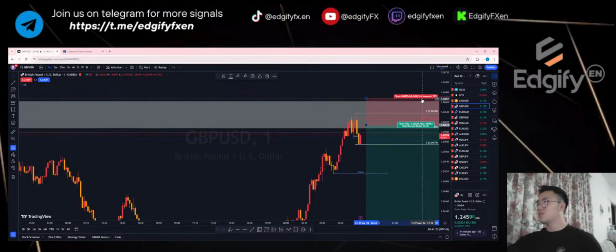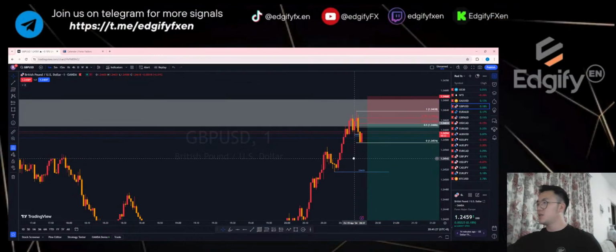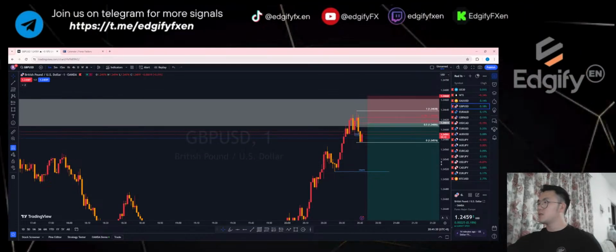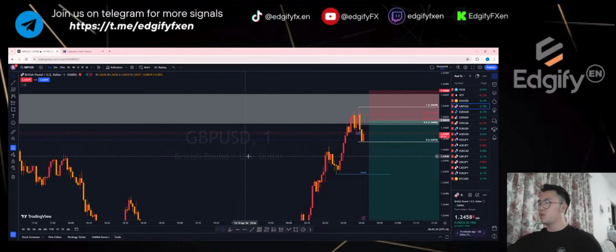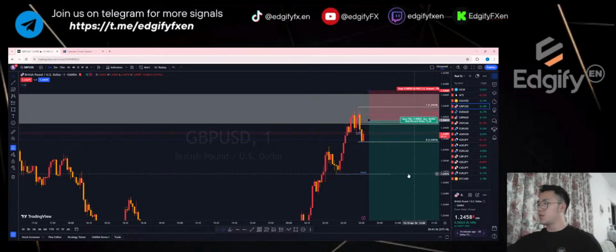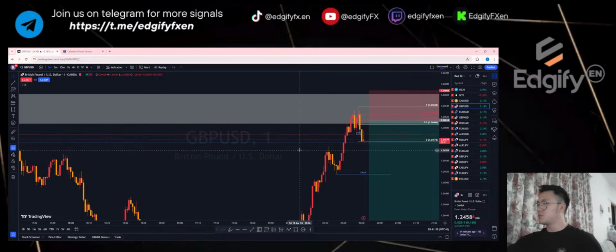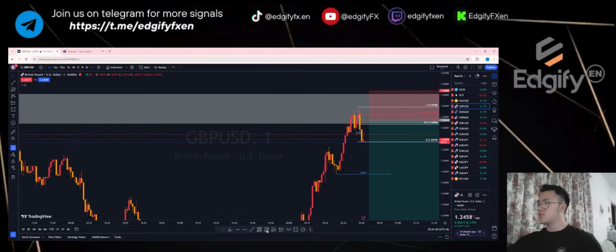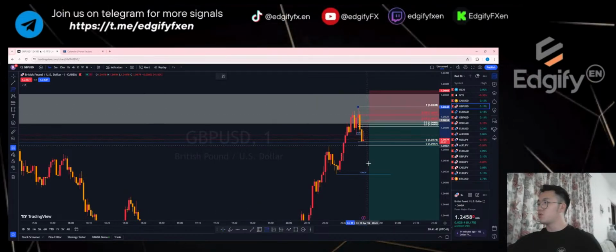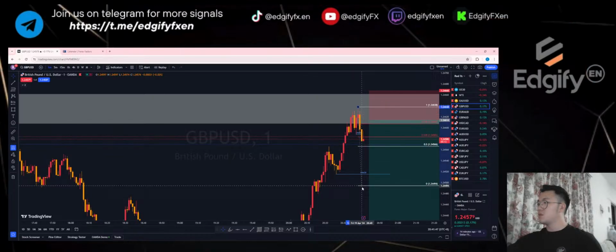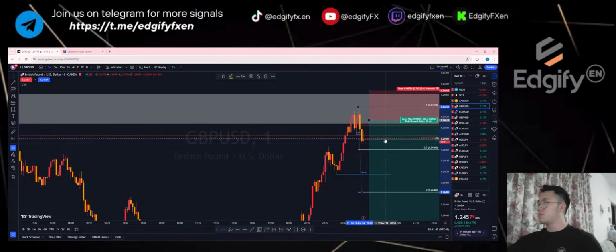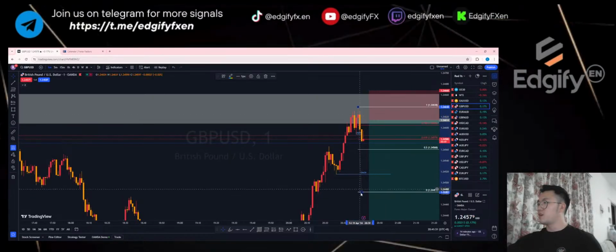That doesn't mean we can't take it, but it's definitely a little risky for me. So I'm going to wait for this level to be taken out before I jump in, because then you're looking at roughly the same entry level. Let's say the fib all the way until here, 618 is probably about here, so it's not too far off.